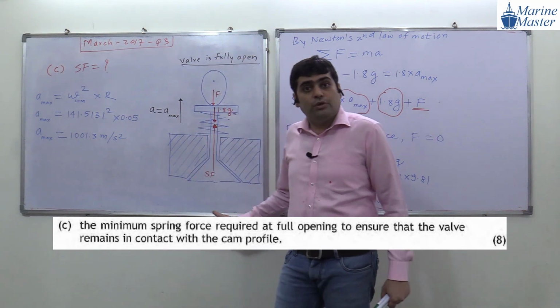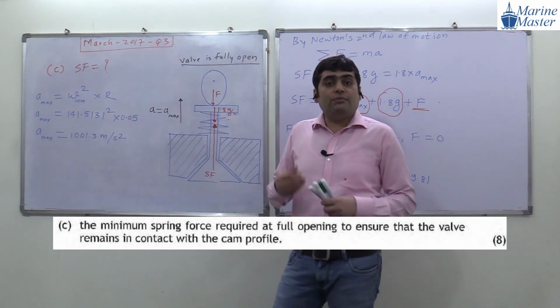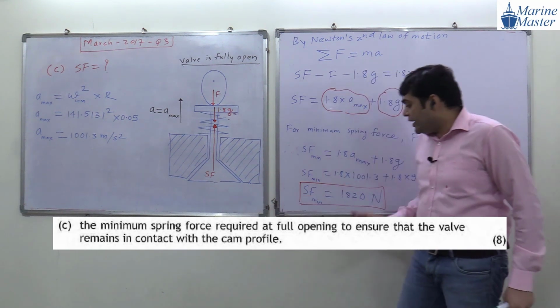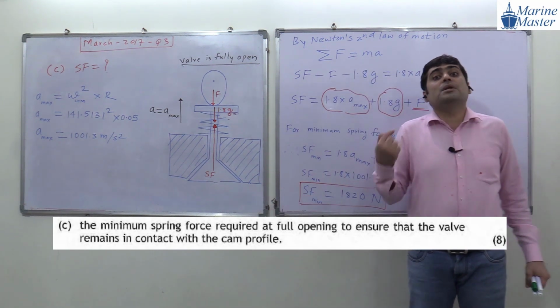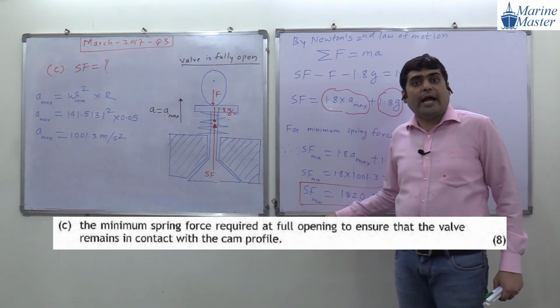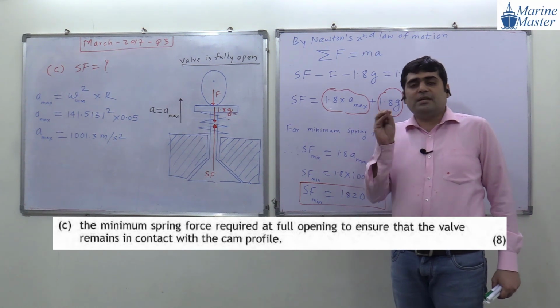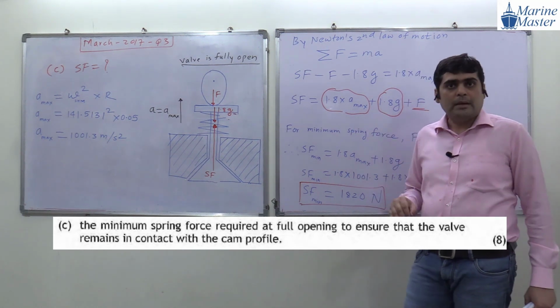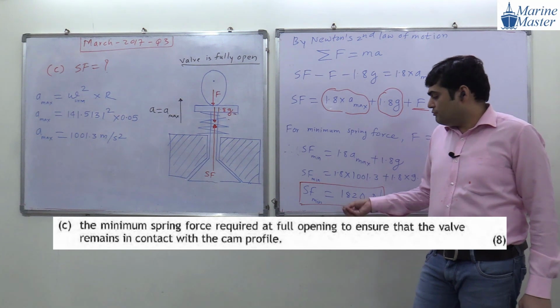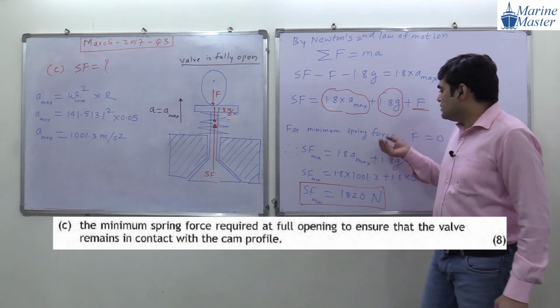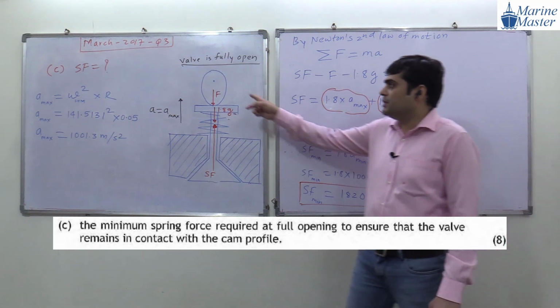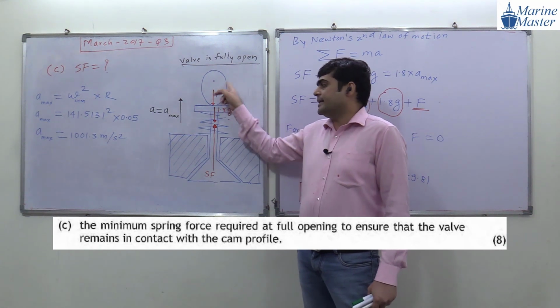Means when the wall is fully open, in other words we can say this is the lowest value of maximum spring force. Okay, this is the lowest value. Actually there will be some force, but we just assume a value of 0 force. That means the force between the wall and cam.